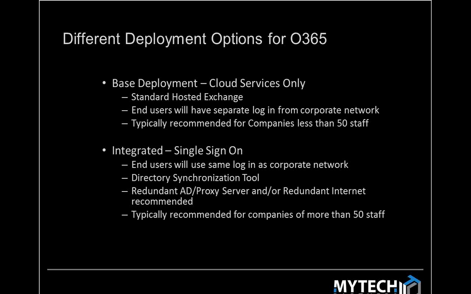Because if you lose internet connectivity or those servers go down, no one will be able to log into email. That is kind of the same situation as an on-premise Exchange, where if you lose internet connectivity, those external users can't communicate and can't send mail.